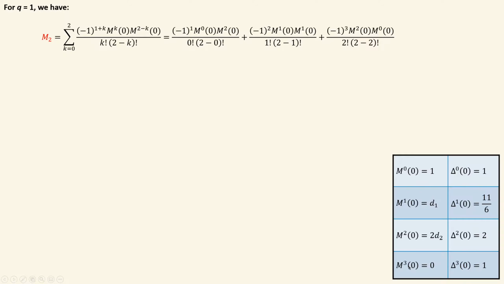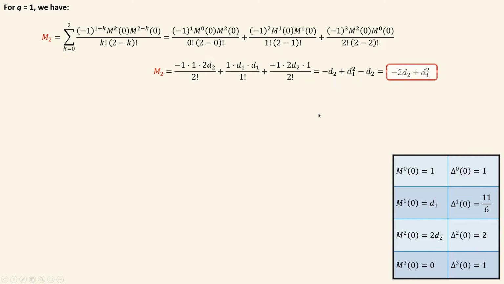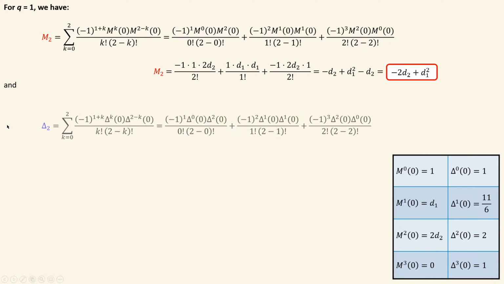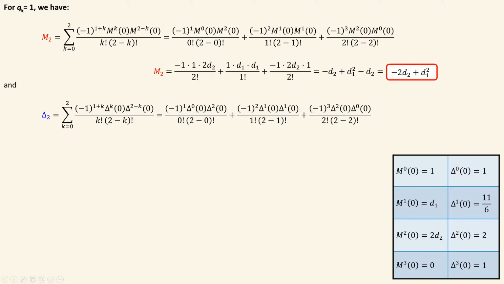You can see that we have these 4 values here for the m. If you do the substitution here, you will have the following values in here. And if you simplify, you will have minus 2 d2 plus d1 squared. That's for m2. Now, I do the similar form for the delta, again for q is 1, which means 2 times q, and since q is 1, this is delta sub 2.